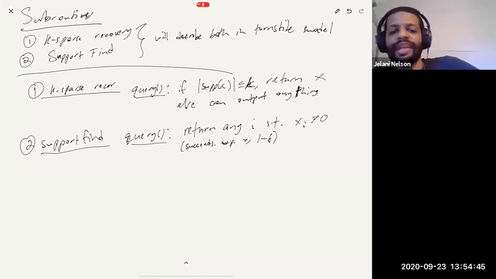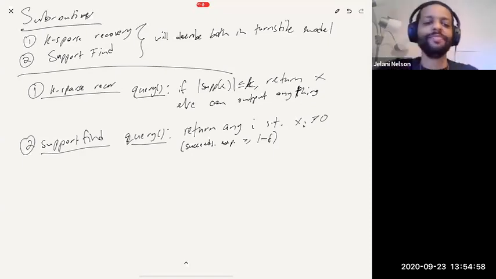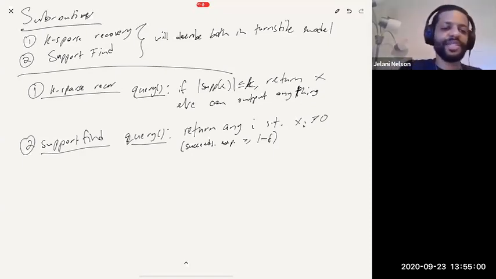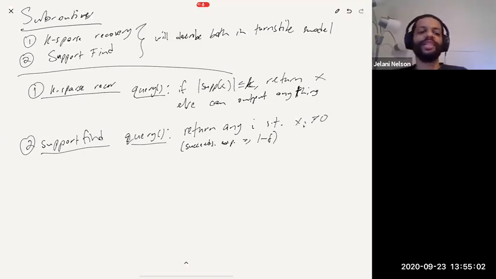And of course, this is a necessary requirement. To be able to solve spanning forest, it is necessary to solve support find, because for spanning forest you're not just returning one edge in the graph, you're returning a bunch of edges that form a spanning forest. So spanning forest is definitely at least as hard as support find. It turns out to be much harder, but it uses support find as a subroutine.